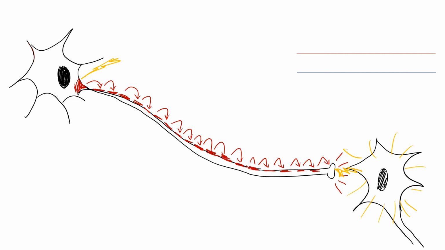Now, imagine this method of propagation as a bucket brigade. One person handing out a bucket to another person, and then he'll give this to this person, he'll give this to this person.